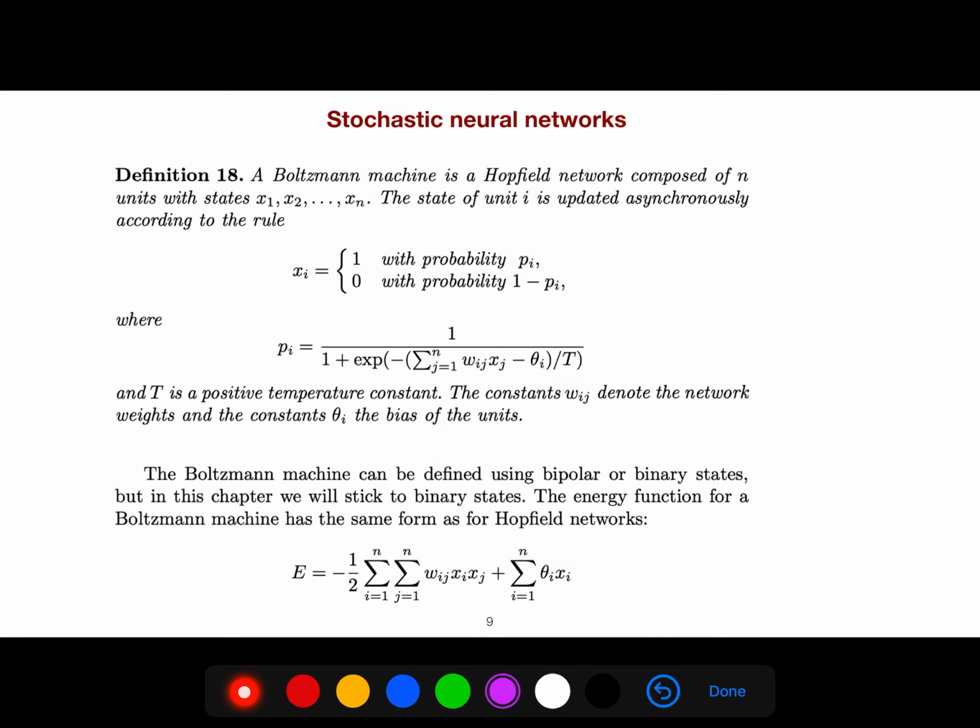Of course, they use different meanings of states, but it depends on the situation, and you should distinguish between these things. Otherwise, it becomes complicated. The state of unit i is updated asynchronously according to this rule. So we say with this probability, it is 1, and with 1 minus this probability, it is 0.